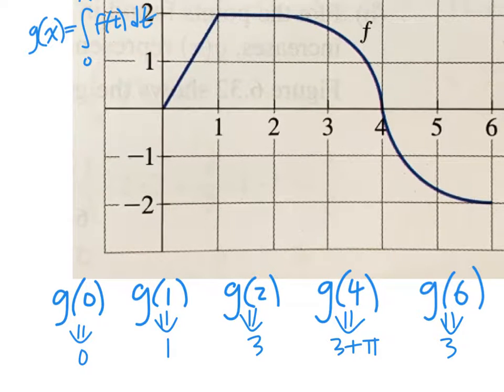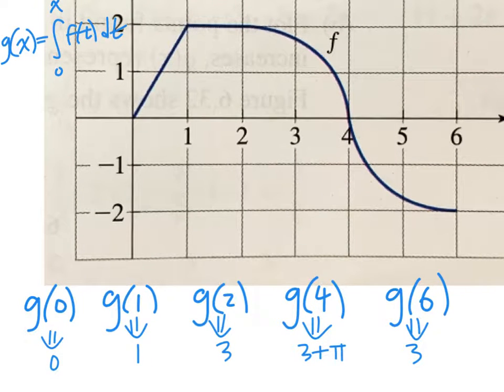Yes. Okay, so you want to find the area underneath the curve. Everyone's good up to 2. G of 4 is this area, right? So it's everything up to 2, which we already know is 3, plus the quarter circle.